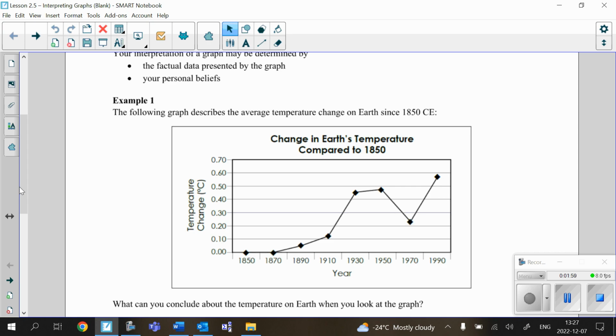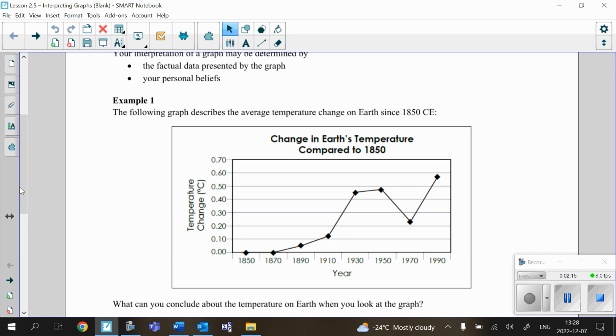That's a fact from the graph. Okay, so that's one thing that you can represent, but you can also throw your opinions in there, as long as they're supported by what's happening in the graph.